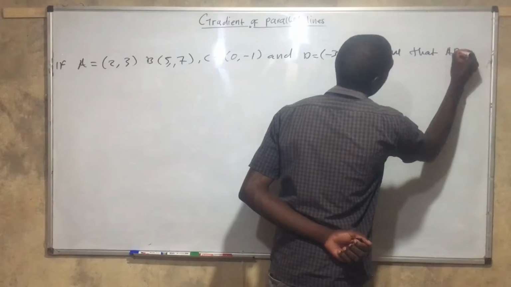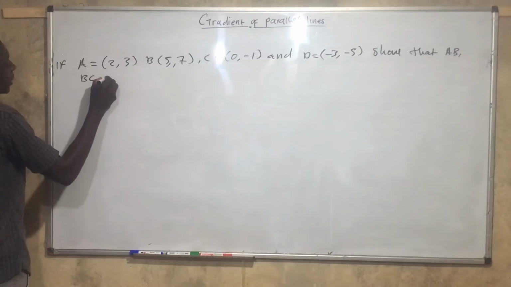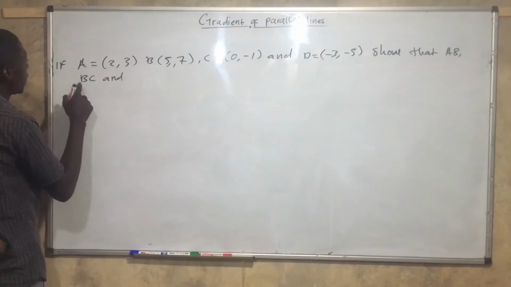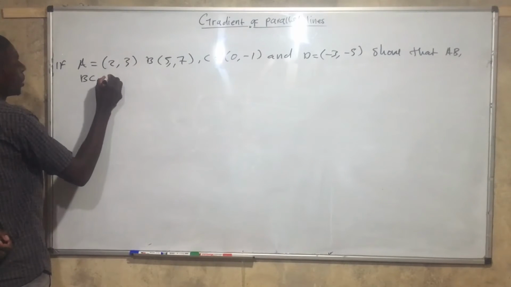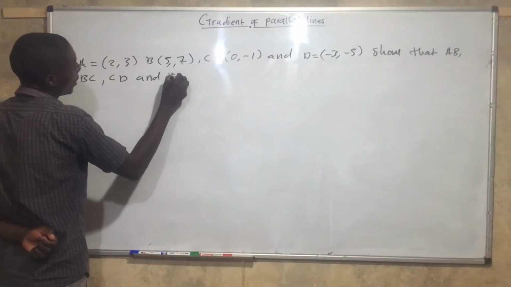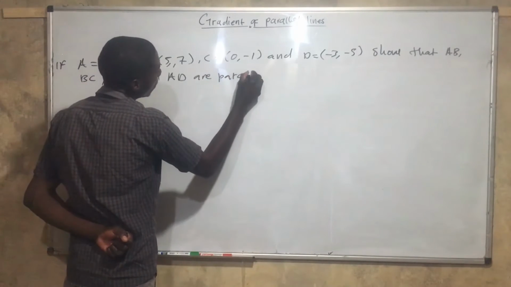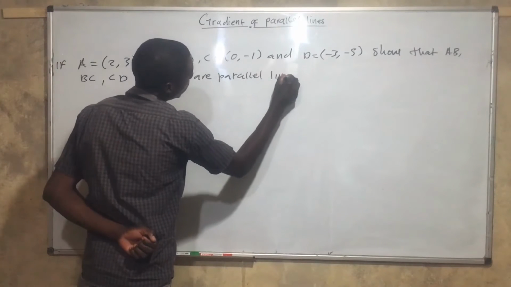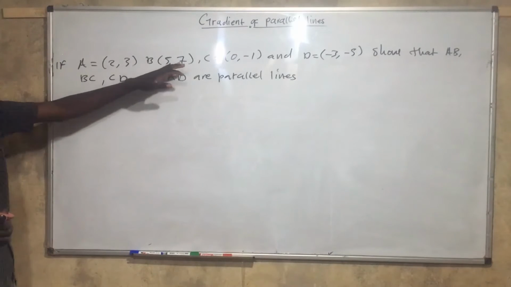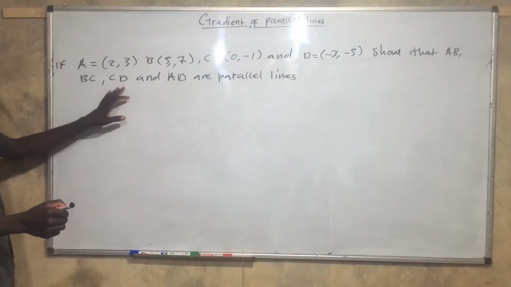Show that AB, CD, and BC, AD are parallel lines. If you have a question like this, we are told A is equal to this, B is equal to that, and C and D, then show which lines are parallel.